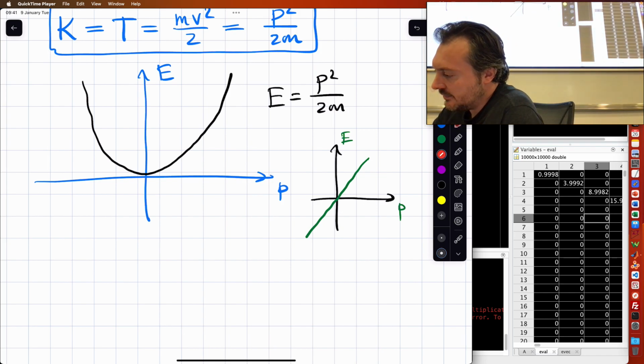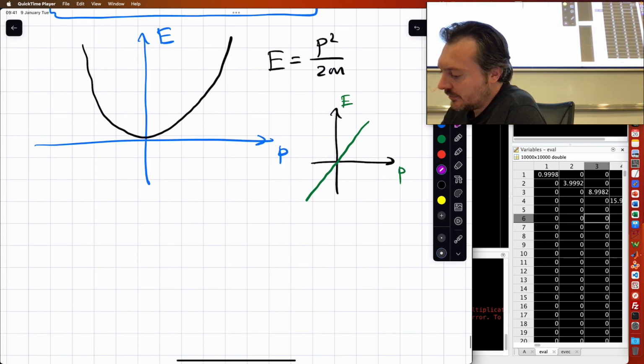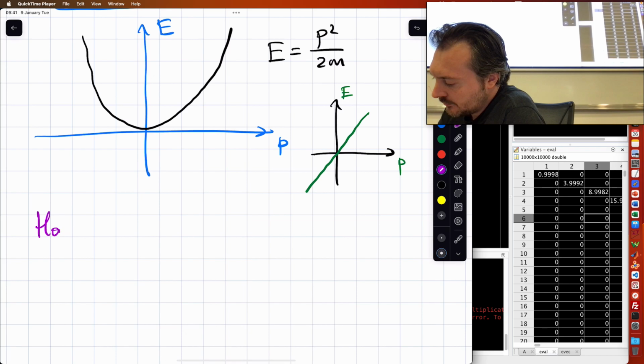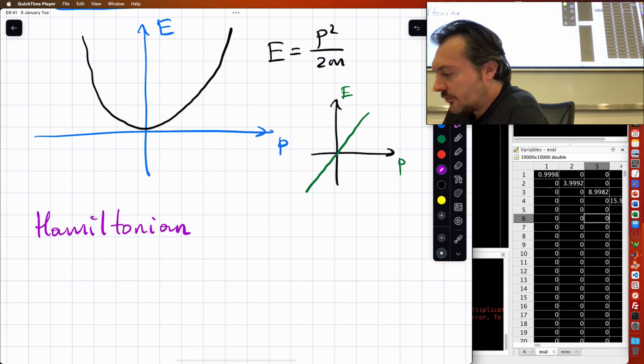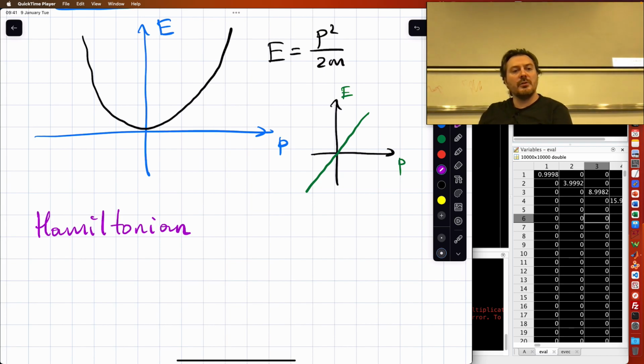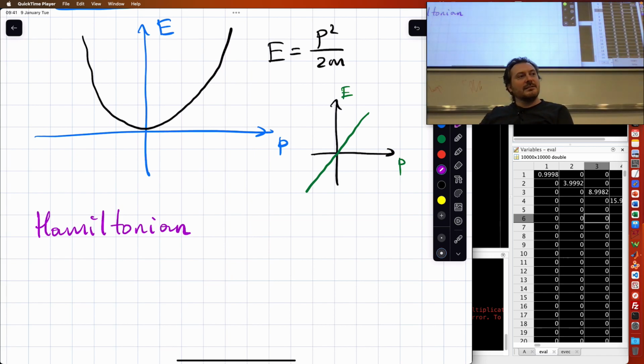All right. Let's talk about Hamiltonian. Anyone who knows what's the difference between Hamiltonian and total energy? Have you taken classical mechanics? Yes? Do you know? It depends if you have time symmetry or not. Right?